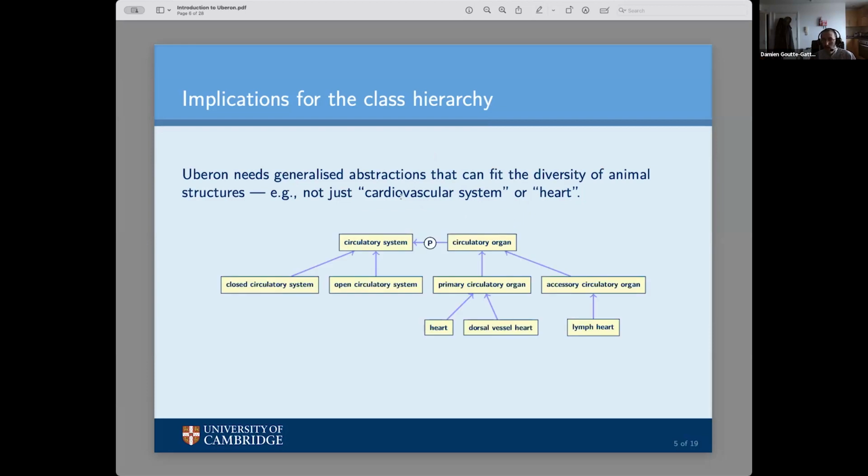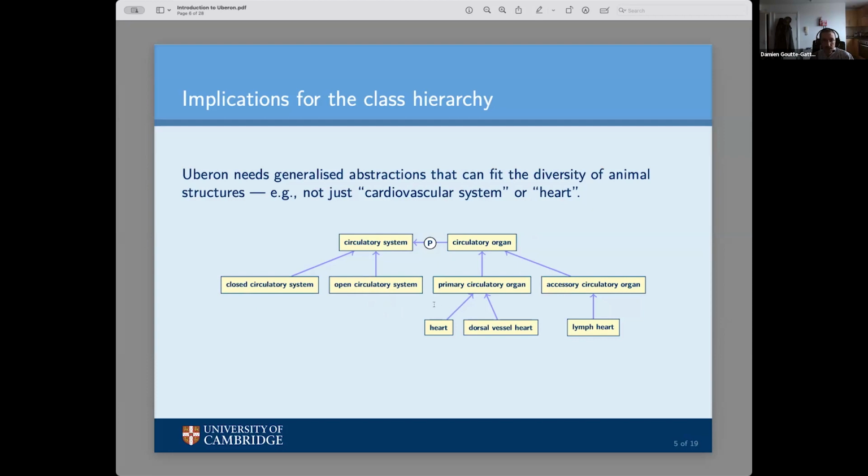Instead, we need more generalized terms such as circulatory system with subclasses to cover the different cases of closed circulatory system, which is the kind of circulatory system that most people are familiar with in vertebrates. But we also need to cover the case of open circulatory systems, such as the one we can find in arthropods, for example.